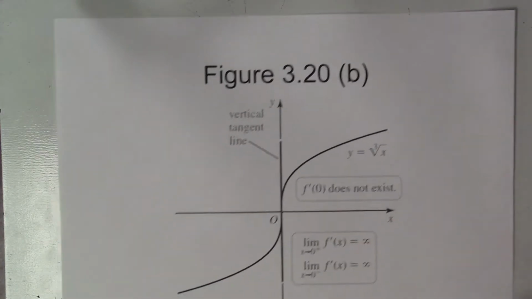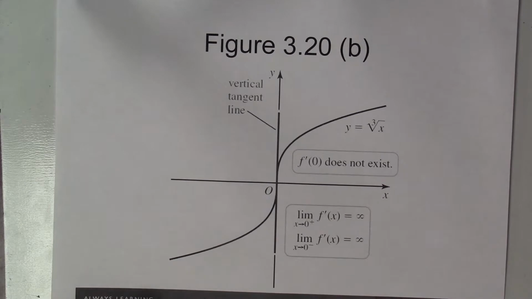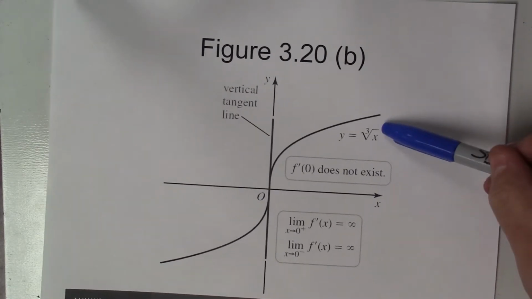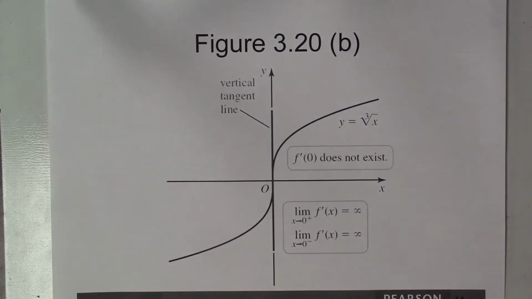Now the last picture I want to talk about is the idea of this vertical slope. We're looking here at the function y equals the cube root of x. And I'm going to argue that the cube root of x does not have a derivative at 0. Let's talk about why.